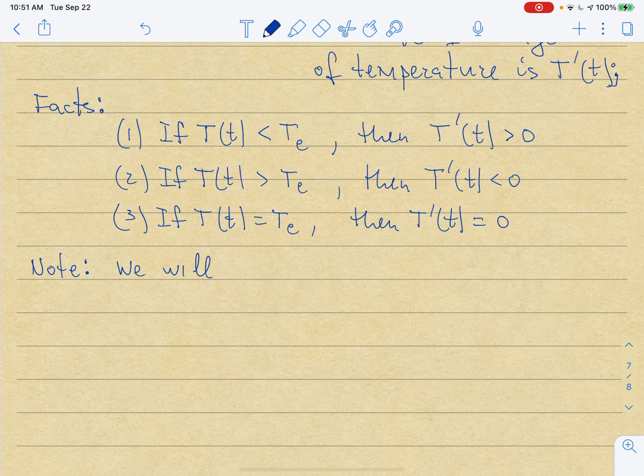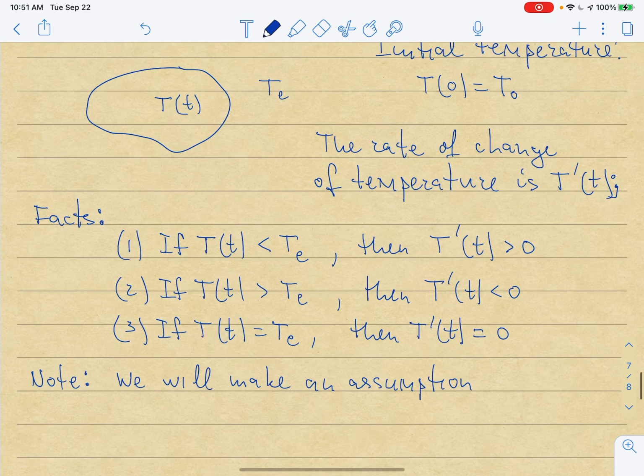So notice that we are making one assumption here. We make an assumption that the temperature is going to stay constant within the body. So if heat arrives on a boundary, it immediately gets dissipated throughout the entire body. Because if that was not true, then the temperature will depend not only on time, but also on the position inside the body.